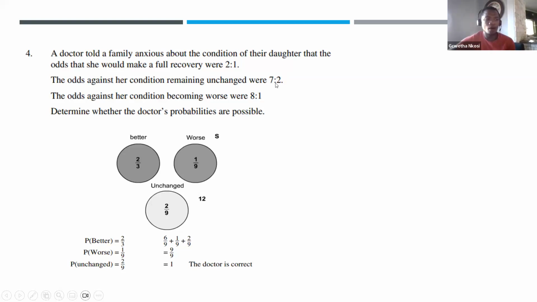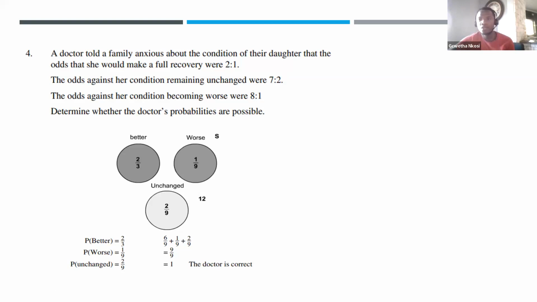So how do we convert this ratio into a fraction? 7 plus 2, you get a 9. But now there is the number 2, which must not change.